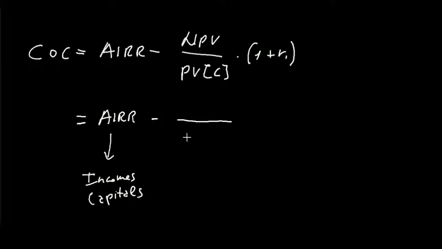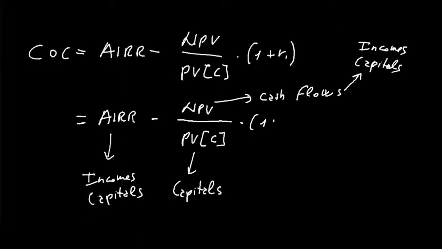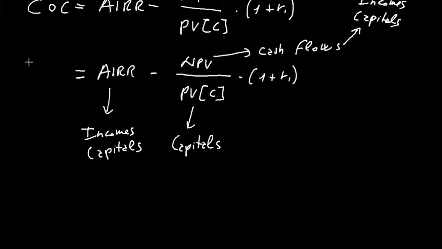The denominator is computed from the capital amounts, and the numerator is computed from the cash flows, but the cash flows are computed from the incomes and the capital amounts. And then we have the conversion factor.